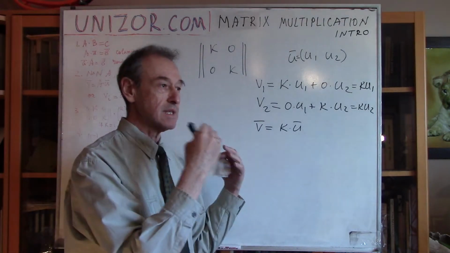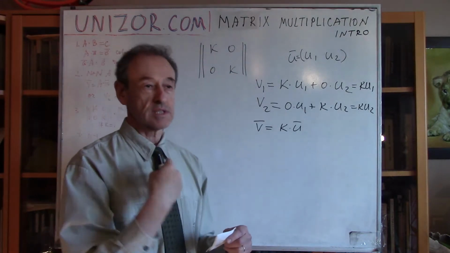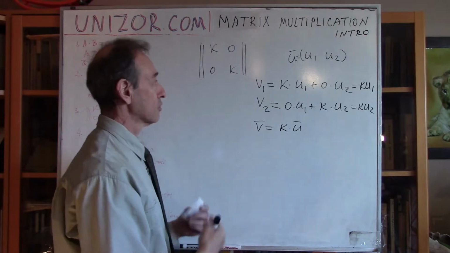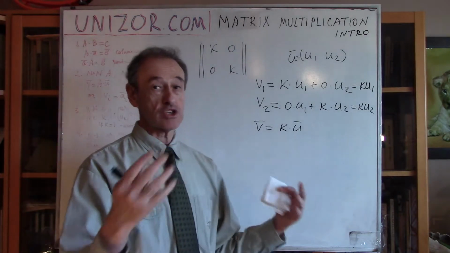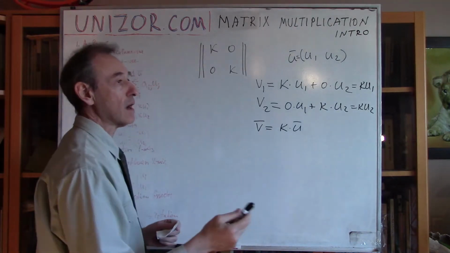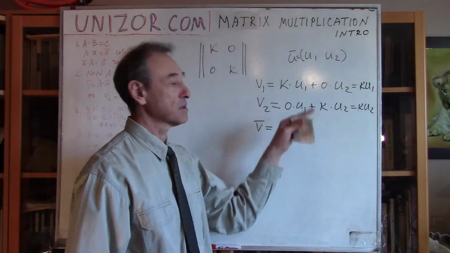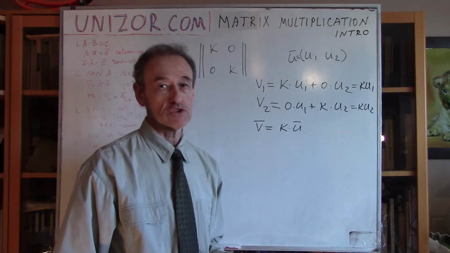So this is an example of how the matrix describes the transformation algebraically. So we can talk about stretching our vectors by a factor of k, or we can say that all our vectors are multiplied by this particular matrix according to the matrix multiplication.